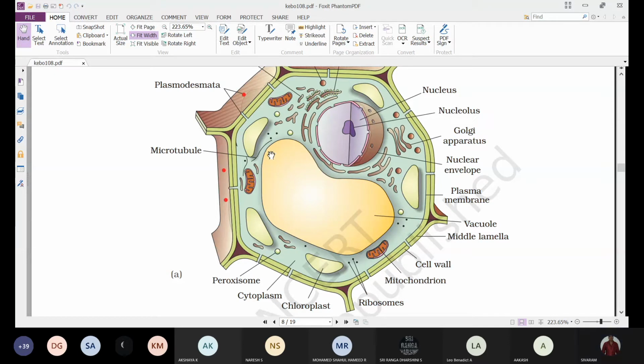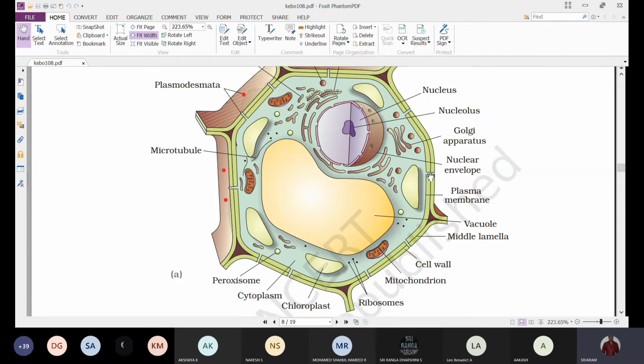When you observe the plant cells, this is the cell wall of this plant cell, and this is the cell wall of the adjacent cell. That means the other cell which is present on the opposite side. In between we'll find a layer called the middle lamella. This middle lamella acts as a cement-like substance and joins the adjacent plant cells.